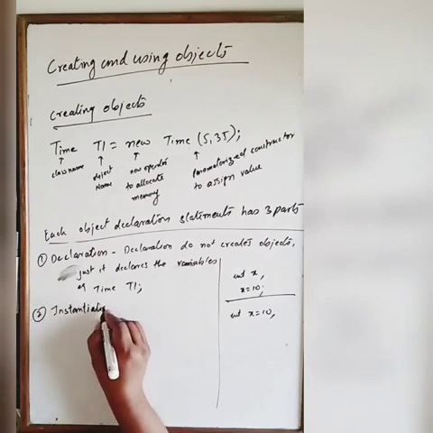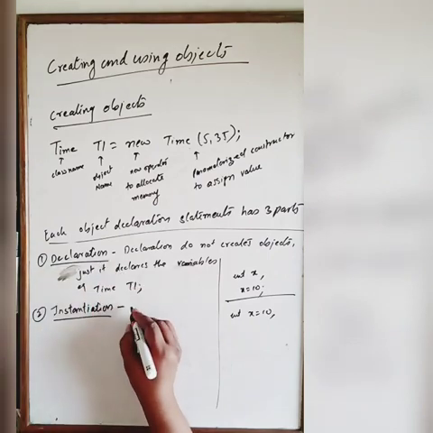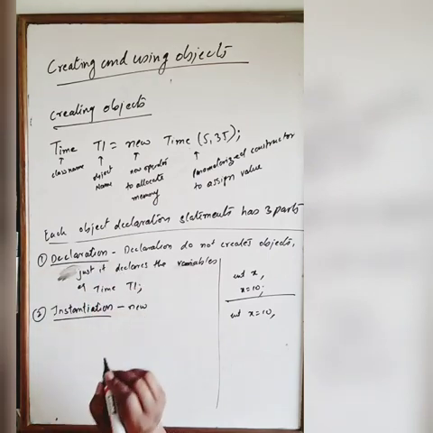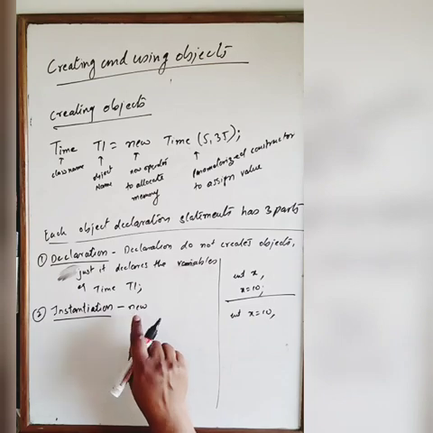Instantiation. Now how do you create an instance? With the new operator you create an instance, which means an object. So the object will be created with this new operator.